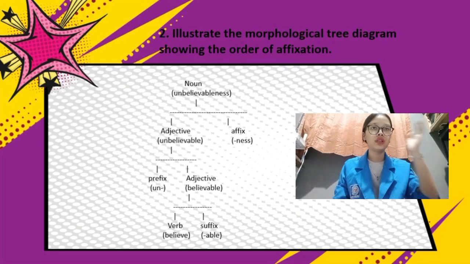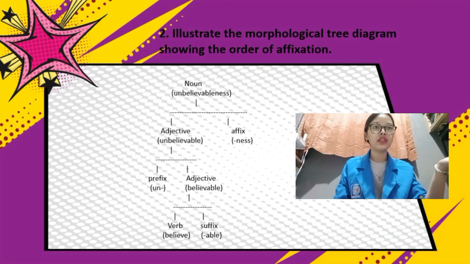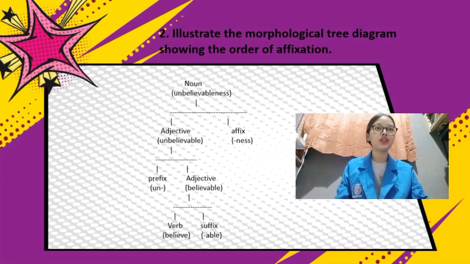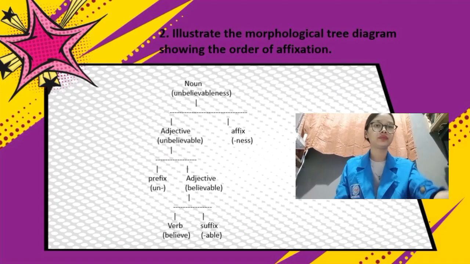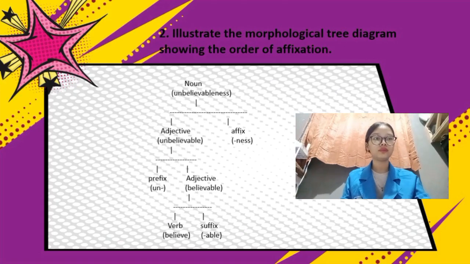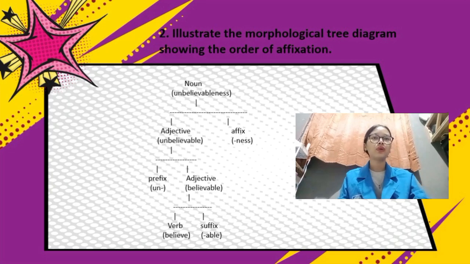Number two, we have illustrate the morphological tree diagram showing the order of affixation. So, we are discussing how both derivational and inflectional processes interact to create the final word unbelievableness.